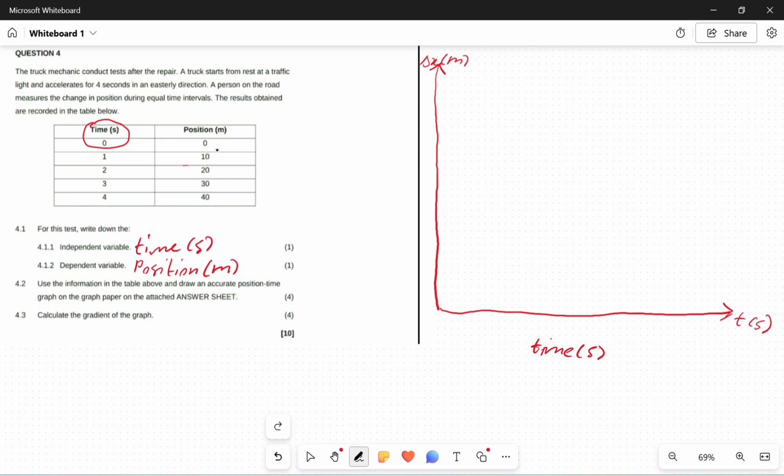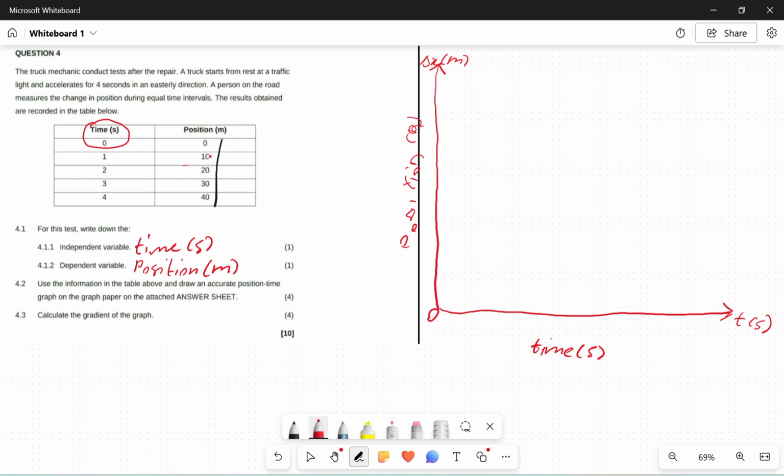So let's look at our scale. Now we can see that our scale starts from 0 going up to 40. So on my graph I'm going to have 0 for the position. Remember, position is this side, position measured in meters. My position is on the y-axis.